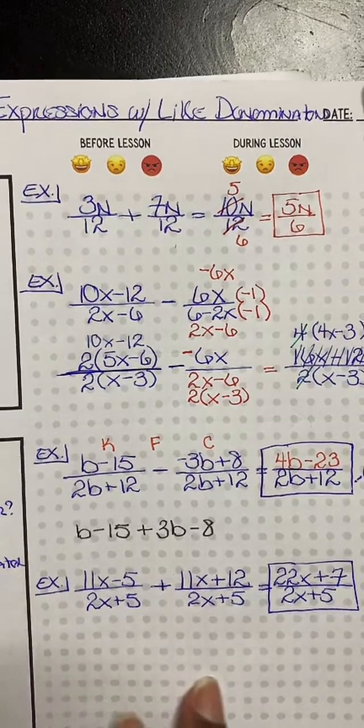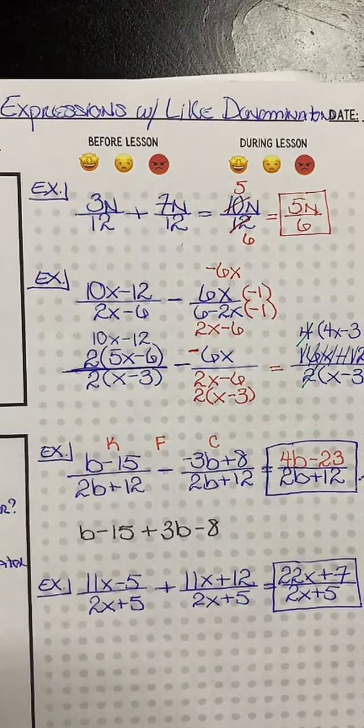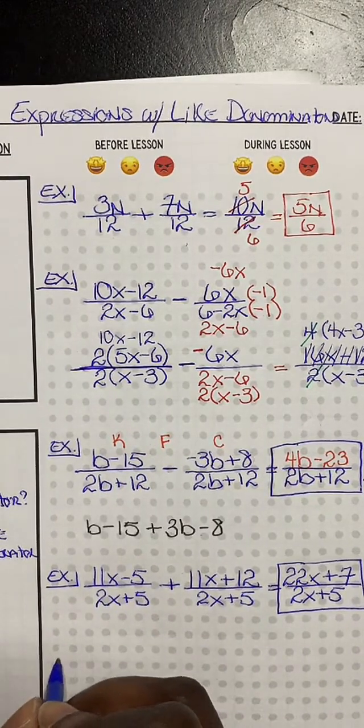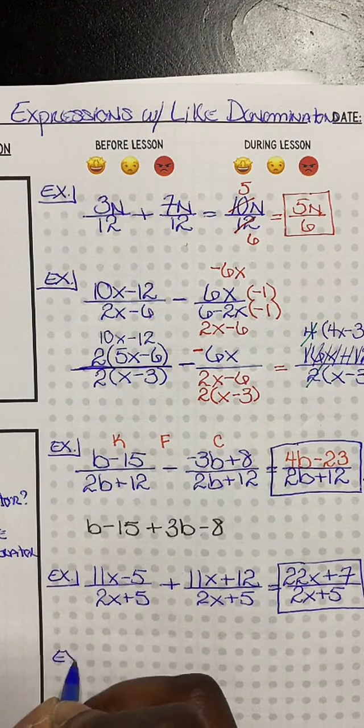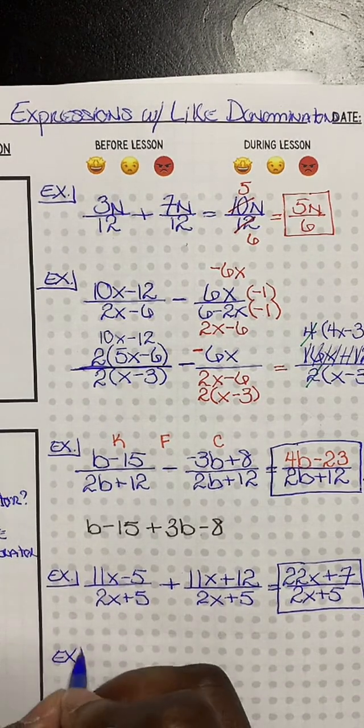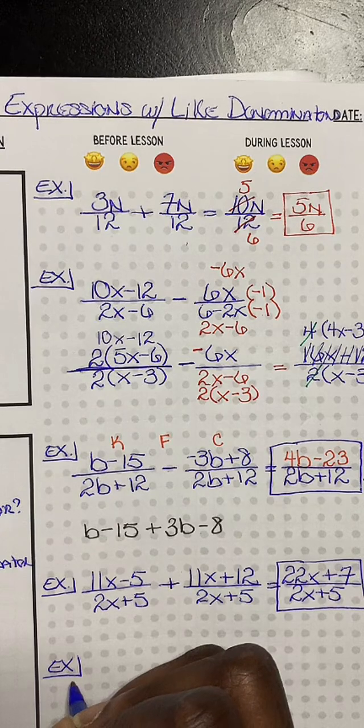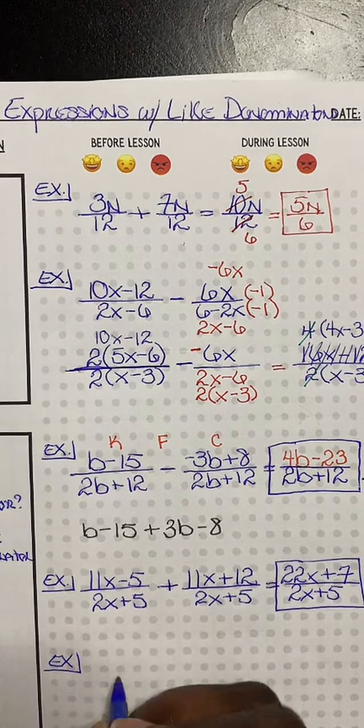All right, so let's do one more, and then we'll see what unlike denominators look like. Let's see with this one.